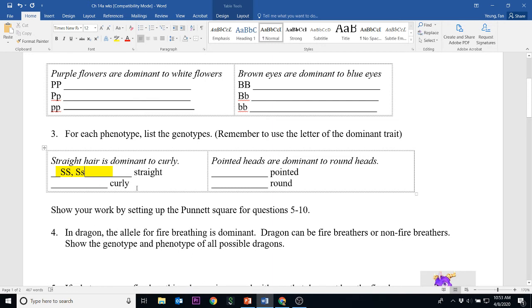Now, if it's recessive, like in this case, it's curly. You can only have one genotype to have curly hair, and what would that be?